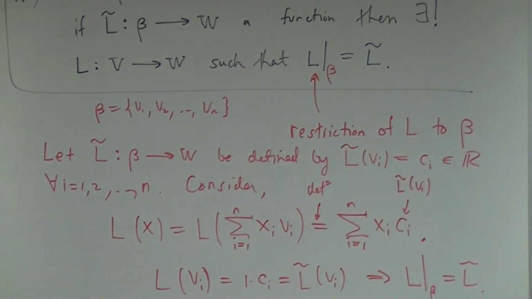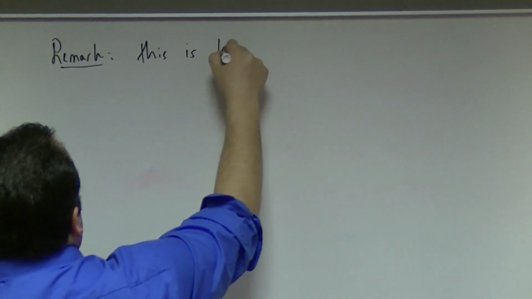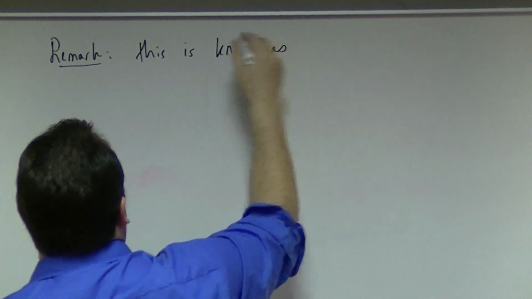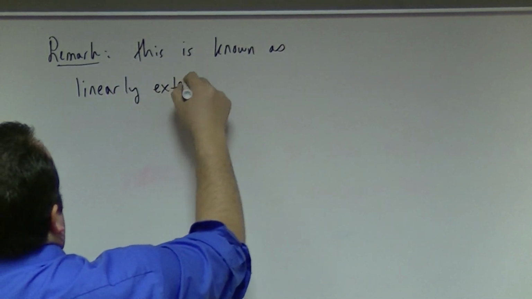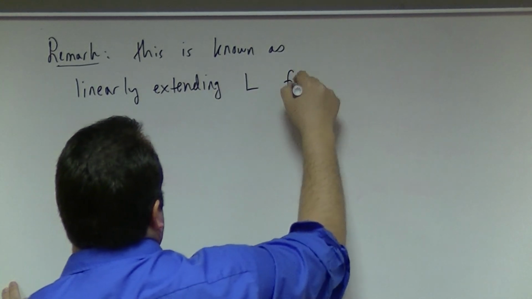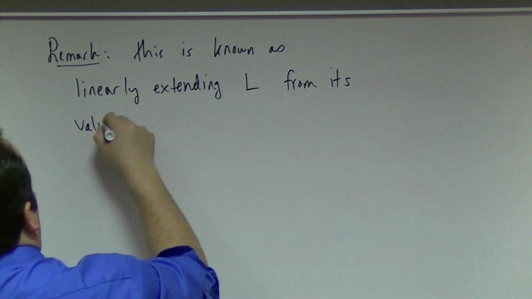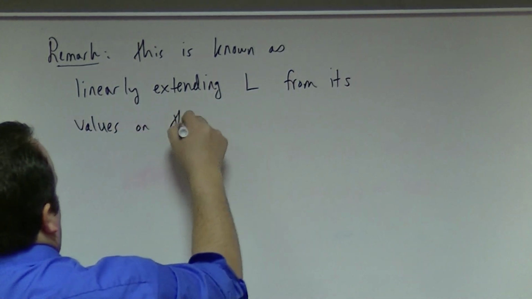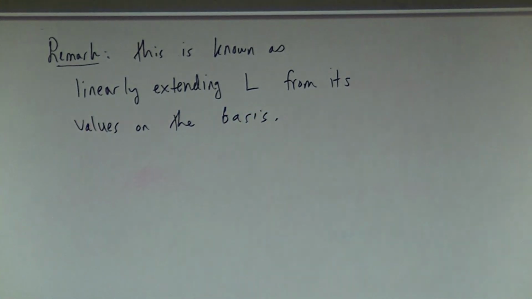So, remark, we refer to this proposition often later. This is known as linearly extending L from its values on the basis. You've already seen examples of this in action, right?